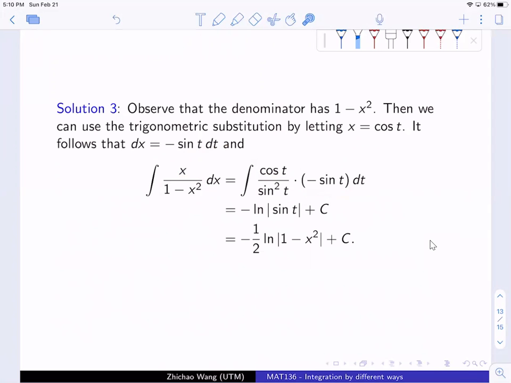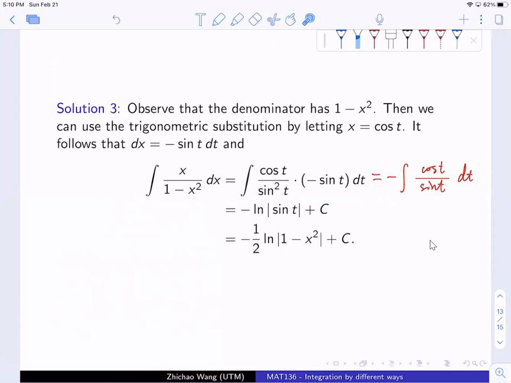And now sine of t can be cancelled, and this is equal to minus integral of cosine of t over sine of t dt. And we can use the substitution rule again, and actually this part is equal to the ln of the absolute value of sine of t.